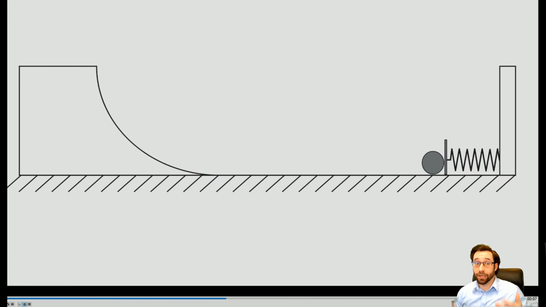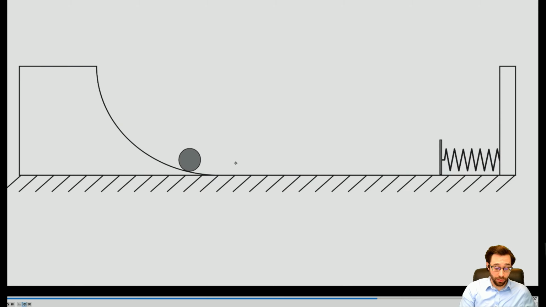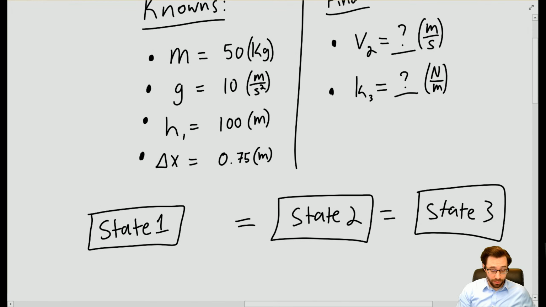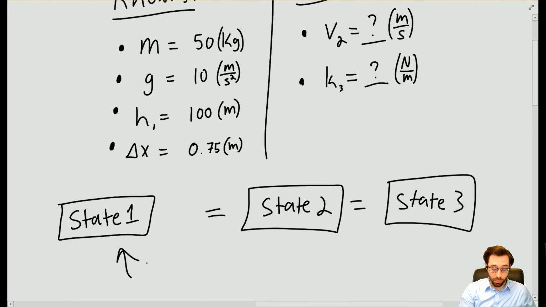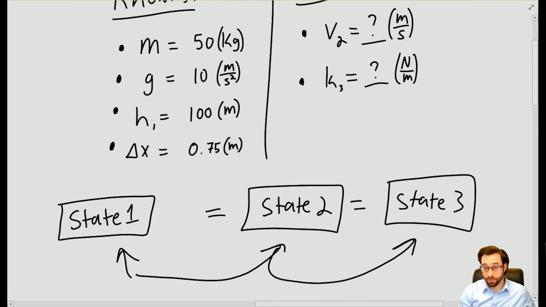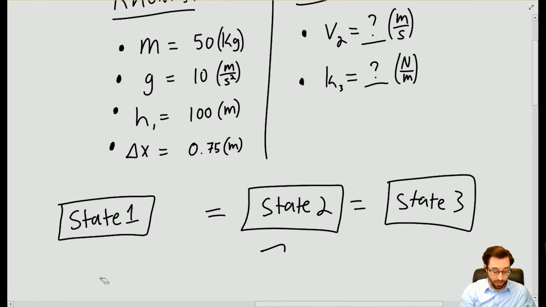If I was losing energy, it would not travel as far up. It would hit the spring, stop right there, and then come back down if we had friction or air resistance. But we're dealing with an ideal situation, so I know that all the energy that I start with remains the same no matter where I am in the process. That's what the conservation of energy means.